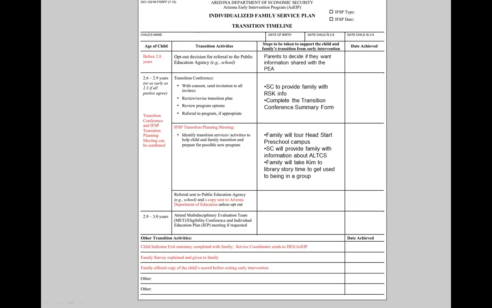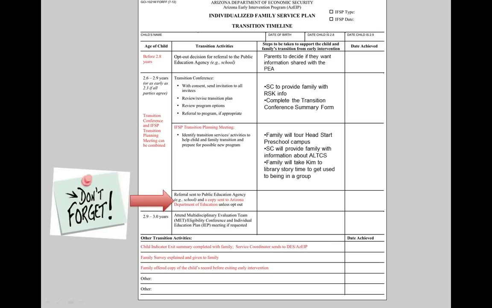The family must make a decision regarding the opt-out policy at the initial IFSP, and the PEA notification referral form must be sent no later than the next business day after the meeting. The service coordinator will also document when the PEA notification referral form was sent to the PEA and, as a new requirement, when the copy was sent to the Arizona Department of Education.